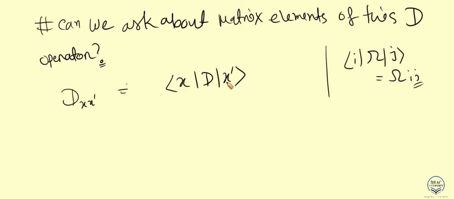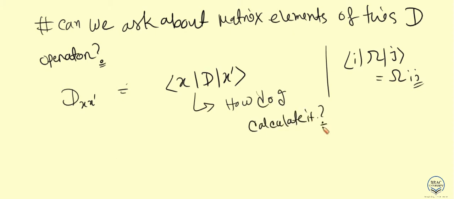And now the question is, how do I find it? I have written it in the bracket notation, but how do I calculate it, right? That's the next question we are going to deal with, and let's try to see whether we can actually gain something out of it.